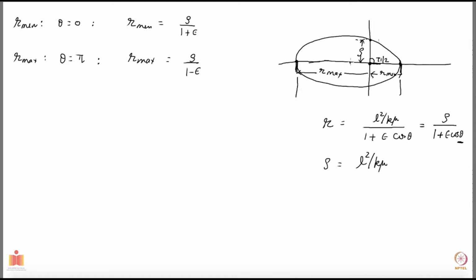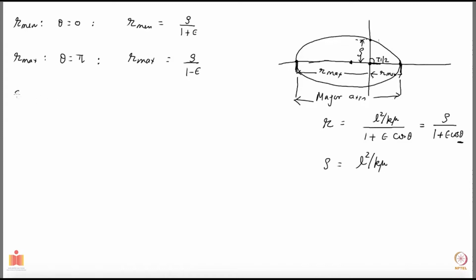Clearly this entire distance from minimum to maximum is somewhere in the center of this ellipse. This is the center of the ellipse. The distance from the center to one end is what you call semi-major axis, and similarly on that side you call semi-minor axis. So the full distance from here to there is r max plus r minimum. Let me not write it, it's cluttering. So this is the major axis, this length, and half of it would be the semi-major axis.